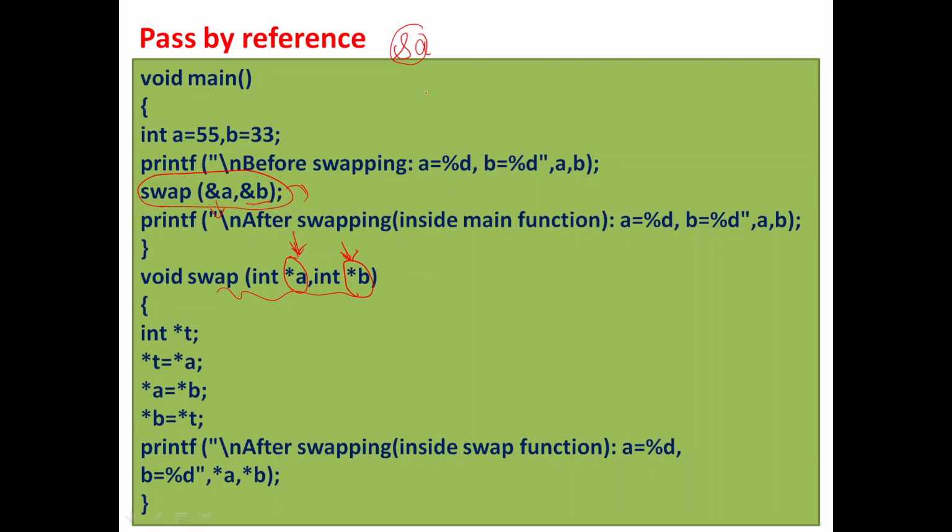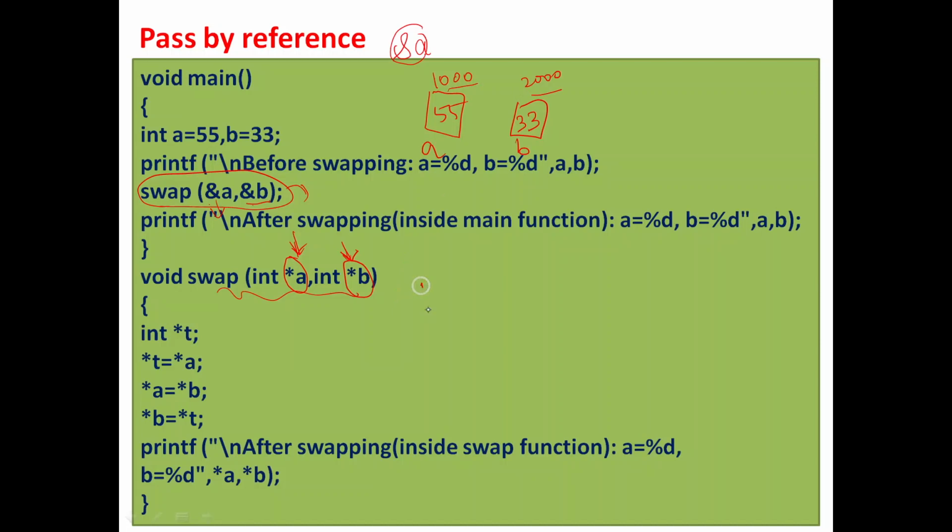So here we are having the variables A and B. The value in A is 55 and the value in B is 33. Suppose the address of A is 1000 and the address of B is 2000. We are going to pass these addresses to the called function.